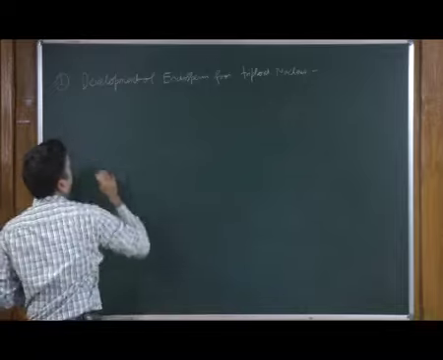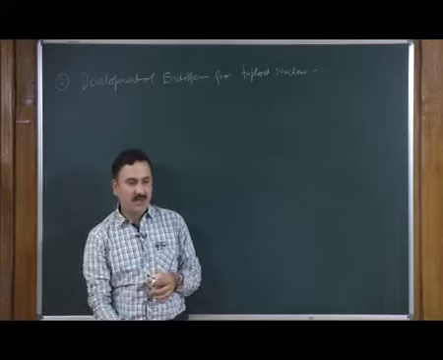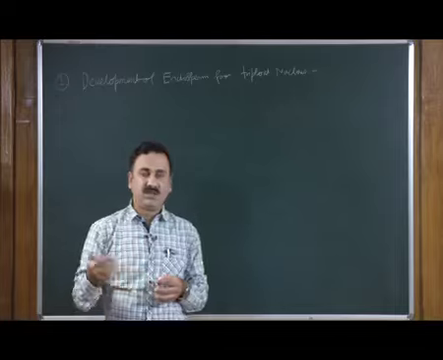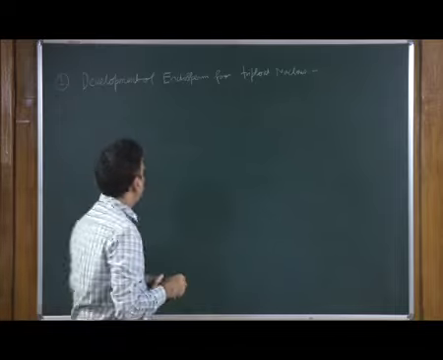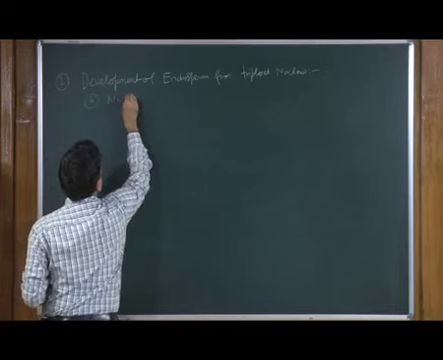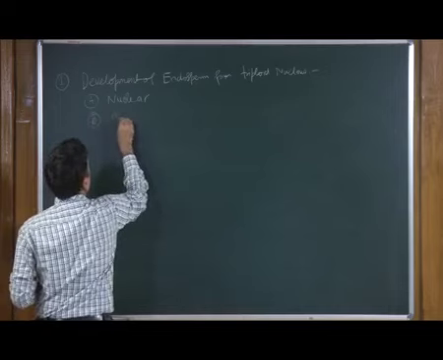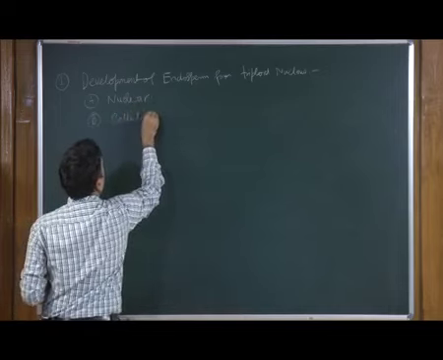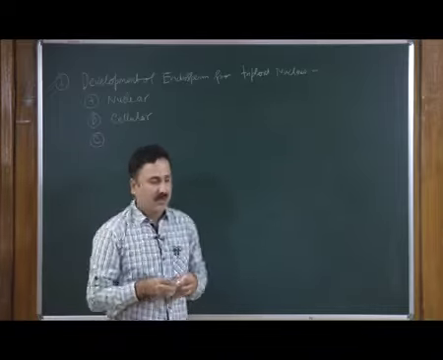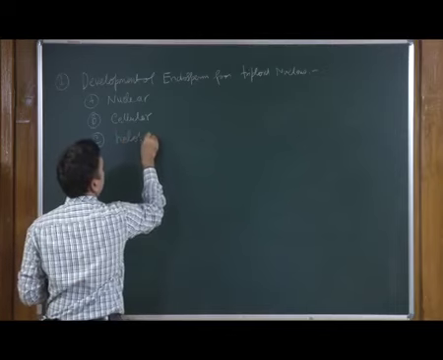Number 2, endosperm can be of multiple types depending on the type of division which is going to take place. It could be nuclear, it could be cellular, or it could be helobial.